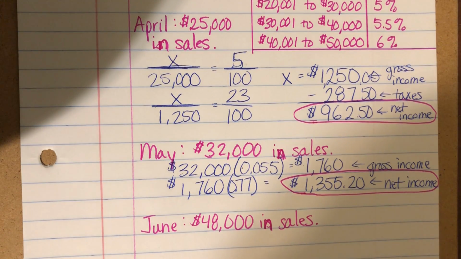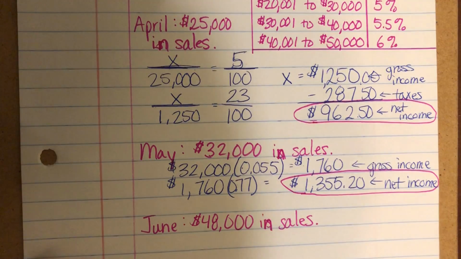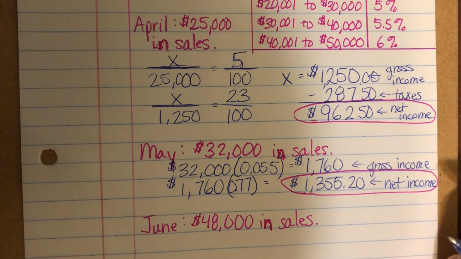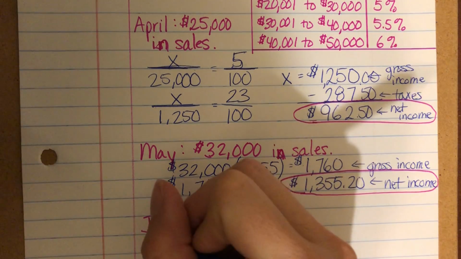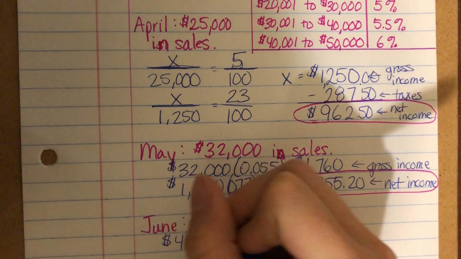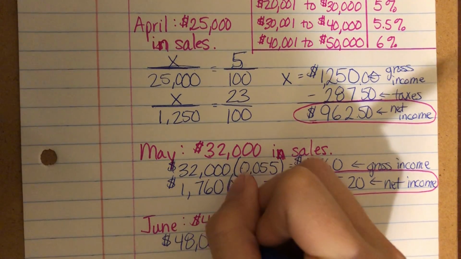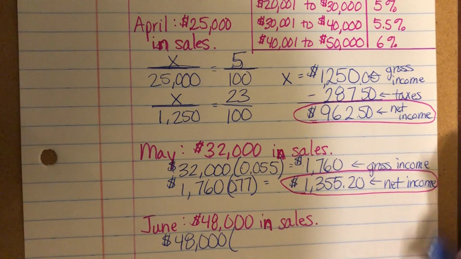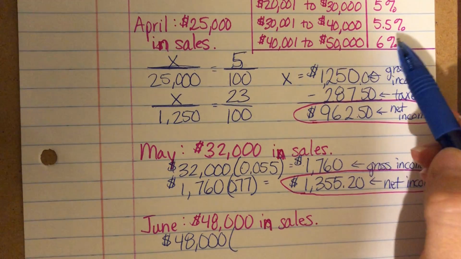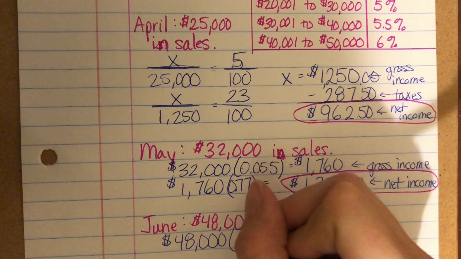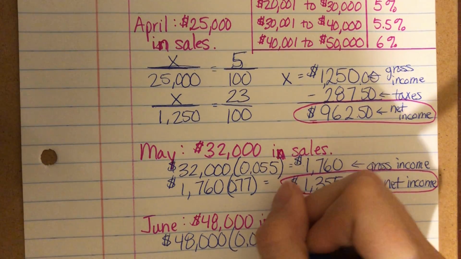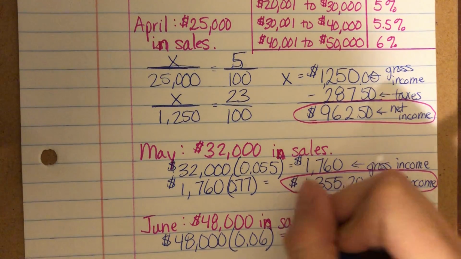All right, hopefully you've had a chance to solve this. I'm gonna go ahead and solve it using decimals because that's easier for me. So first I'm gonna find out her gross income. So 48,000. Okay, and this is the highest bracket here, so she's gonna make 6%. So I'm gonna switch that to a decimal.